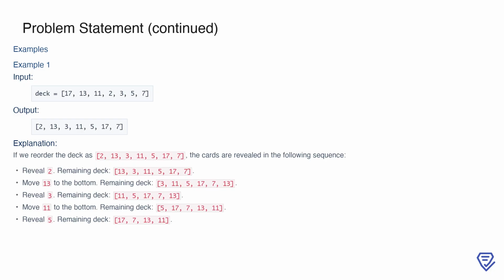Next, 13 is moved to the bottom, resulting in 3, 11, 5, 17, 7, 13. Then, 3 is revealed, leaving 11, 5, 17, 7, 13. The process continues by moving 11 to the bottom and revealing 5. This sequence of revealing and rearranging continues until all cards are revealed.